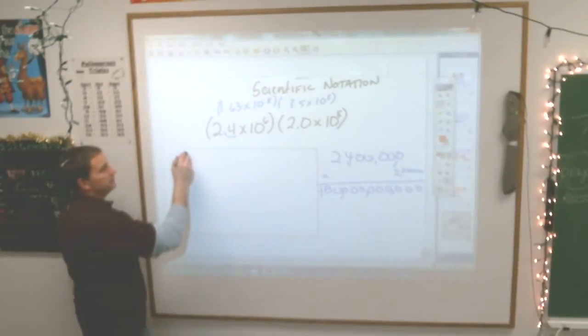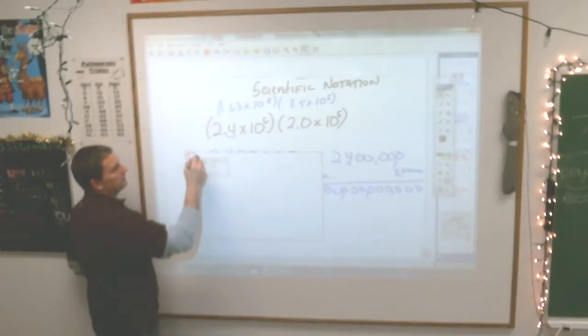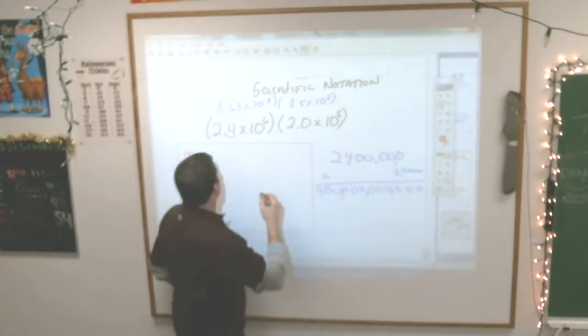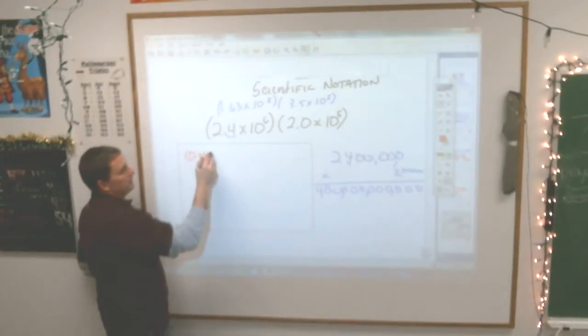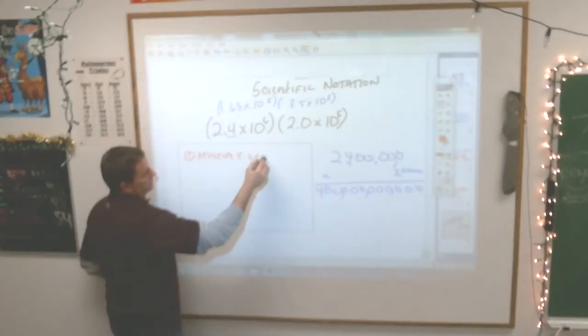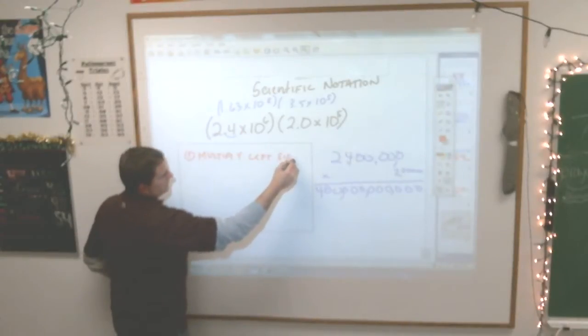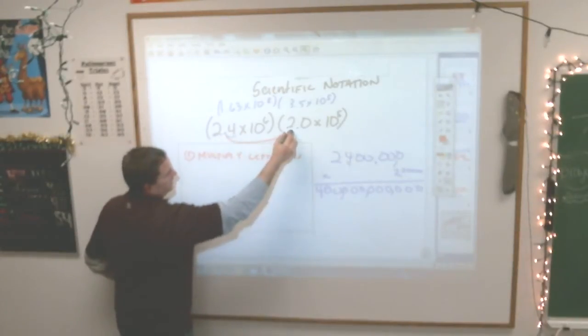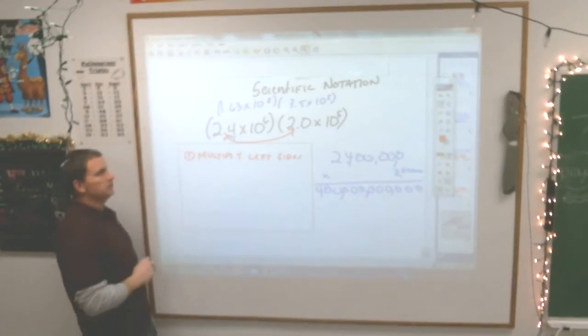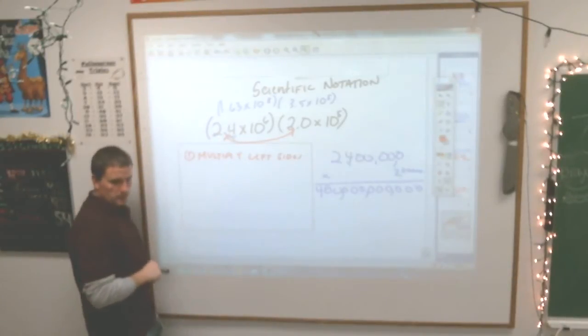Step number 1 is you multiply the left sides together. In other words, step number 1 says you multiply these 2 things together. And you could probably almost do that in your head, correct? What is 2.4 times 2?